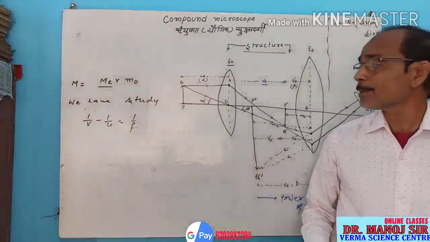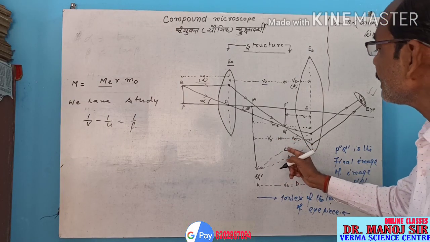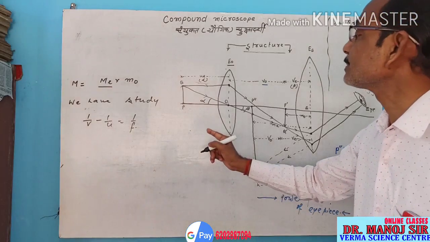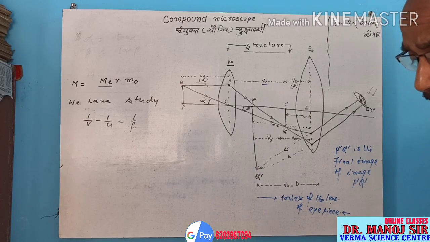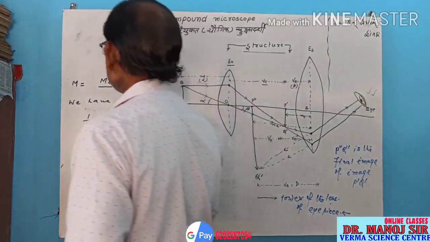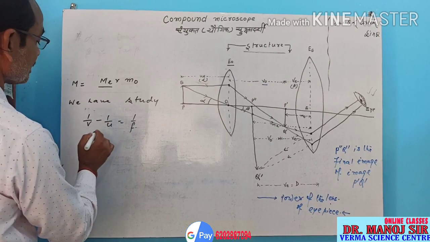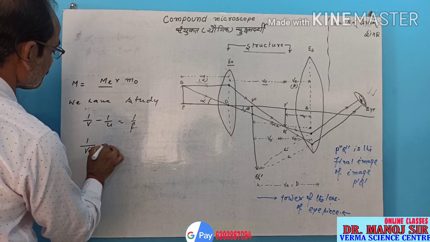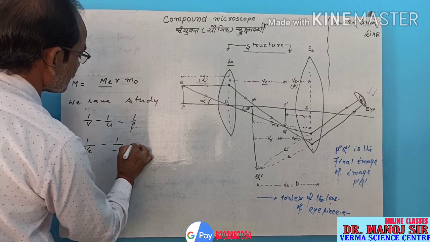Putting the values of image distance and object distance into the lens formula, both are negative, so 1 by VE minus 1 by minus UE equal to 1 by FE.